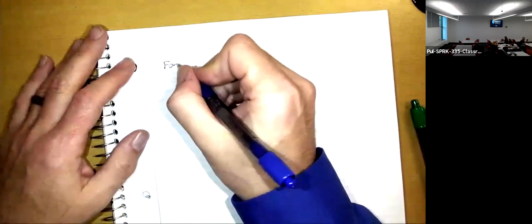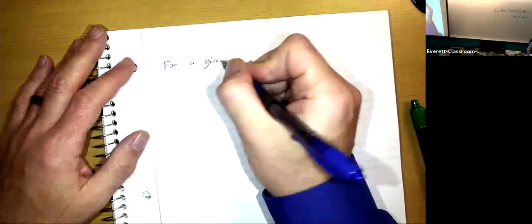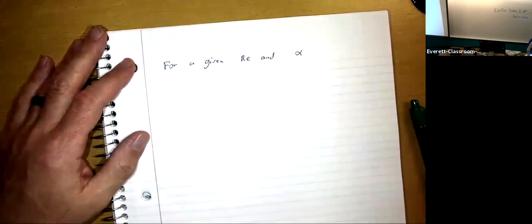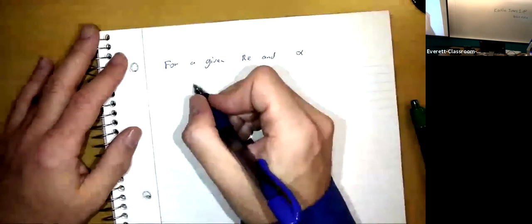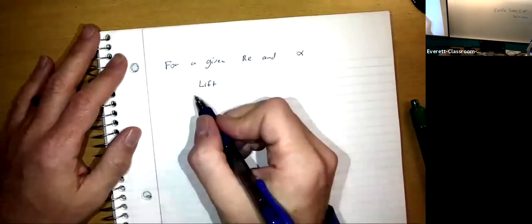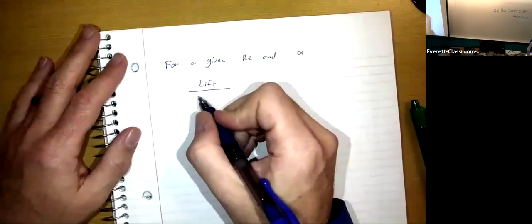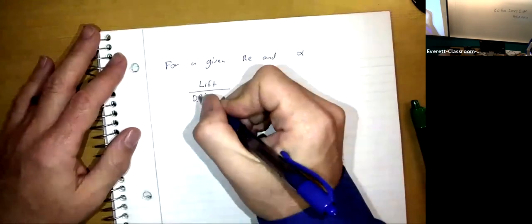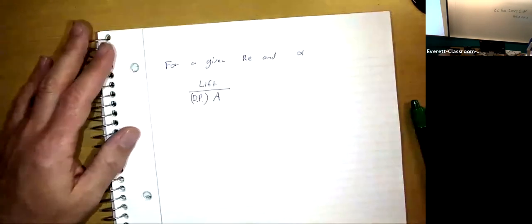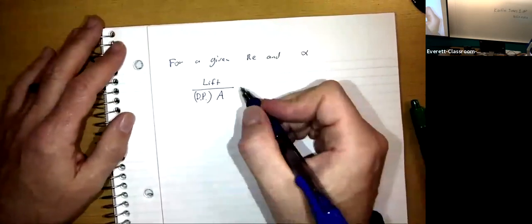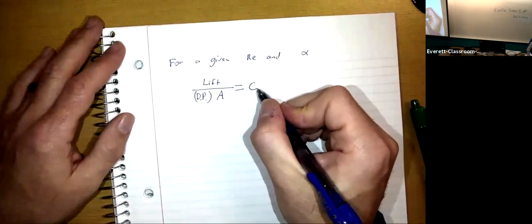And what they found was that for a given Reynolds number and angle of attack, the lift force divided by the dynamic pressure, dP, times the area of the airfoil is a constant.